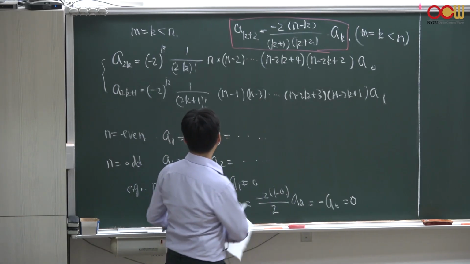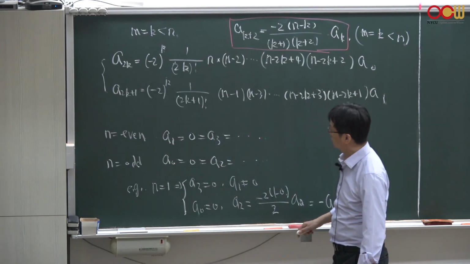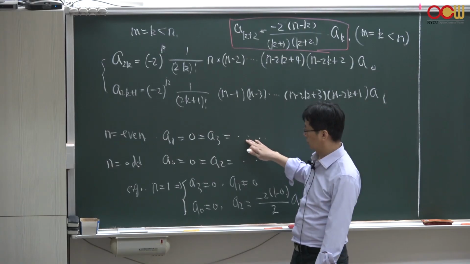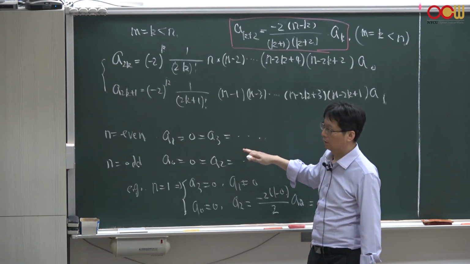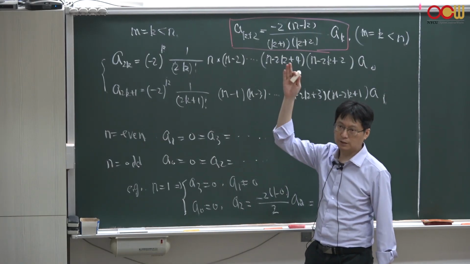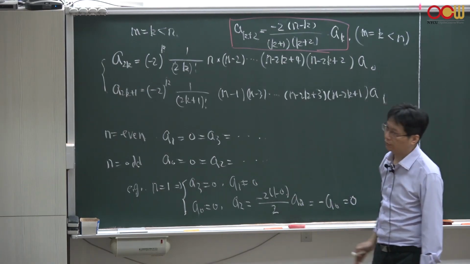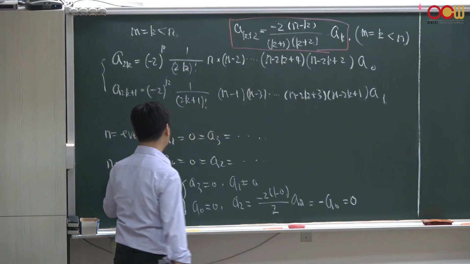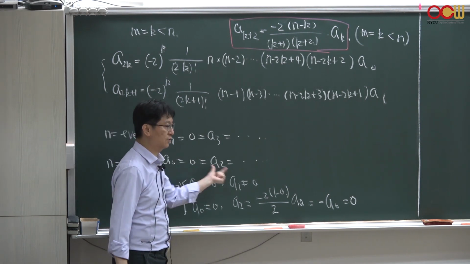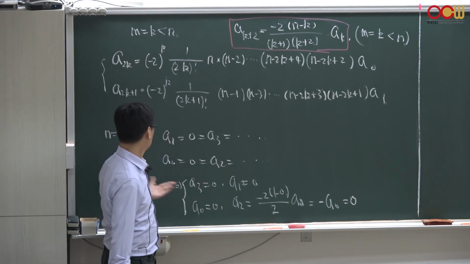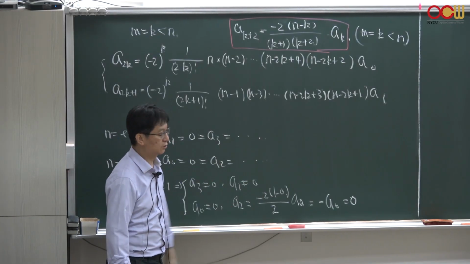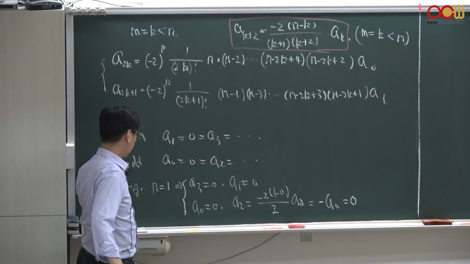In general, for these odd parity solutions, the coefficient can also be derived in a similar way. But you know that for even parity terms, all these odd coefficients must vanish, and all these even powers must be truncated at some finite power in y. So for n odd, all these even coefficients are 0, and all these odd coefficients are finite before the truncation term.